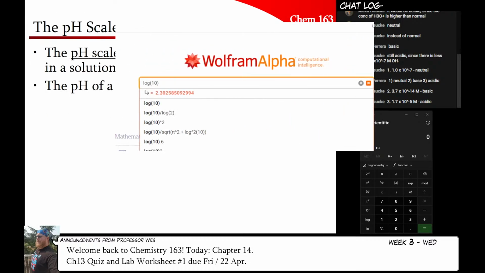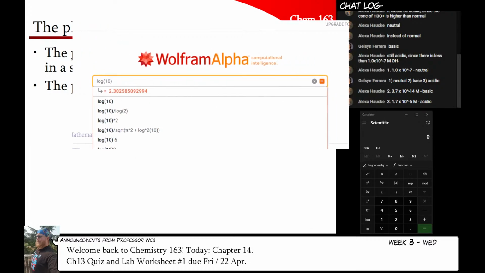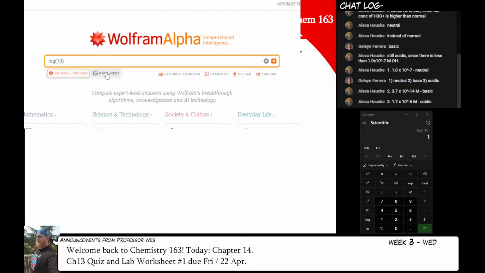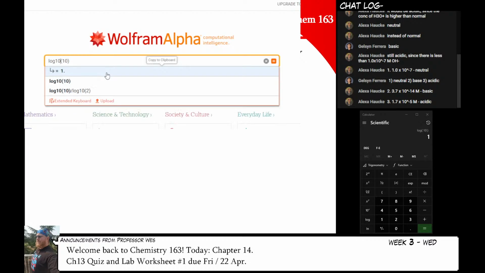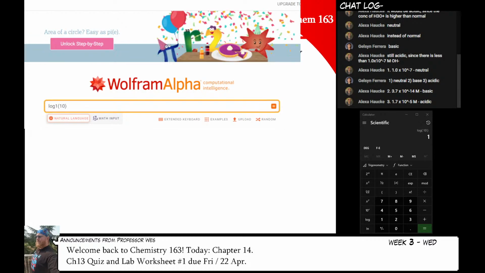If you type in log of 10, it's going to give you this number, 2.3, whatever. But if I type in 10 and I hit log, I'm going to get 1, which is the correct answer, right? So what you have to do on Wolfram Alpha is whenever you're doing log and you mean for it to be base 10, you have to actually type log 10. And then it will know you actually meant log base 10. Oops, I don't know why it corrected that to log 1. I want log base 10 of 10. There we go. And then I should get 1 as the answer. And I did, and you just can't see it because I have to make it bigger.